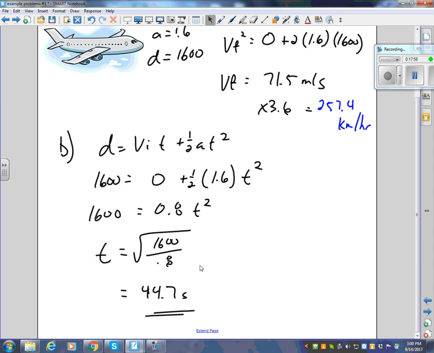I happen to have been on 2 planes in the last few months, and both times the nerd in me was timing the takeoff, because I knew that this question was coming up. And it varied anywhere from about 25 seconds to almost 45. And I got thinking to myself, why would this one be so much longer?